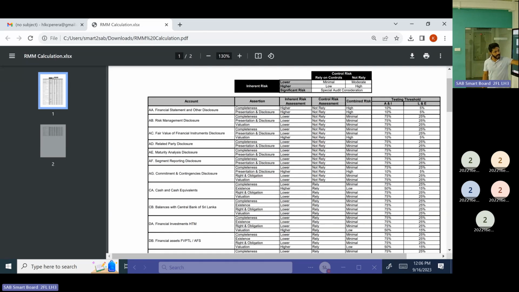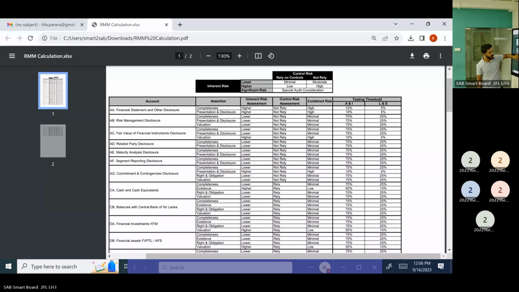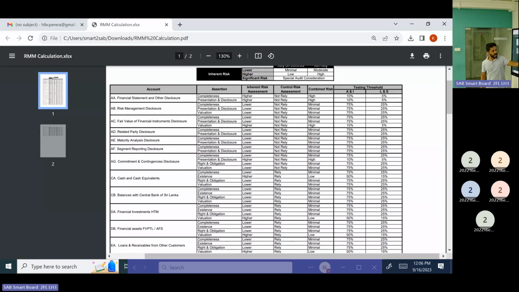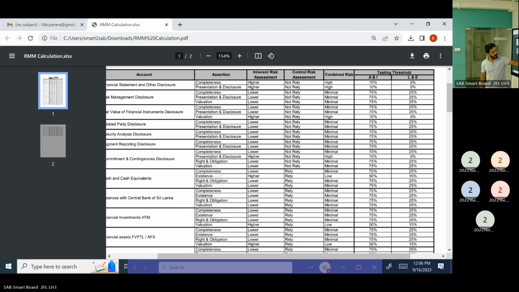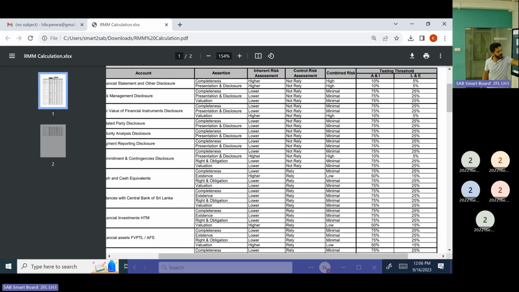This was done at the assertion level. You can see cash and cash equivalent. As I said, we have 4-5 assertions, right? See the inherent risk. Inherent risk for cash is higher, right? Existence higher.